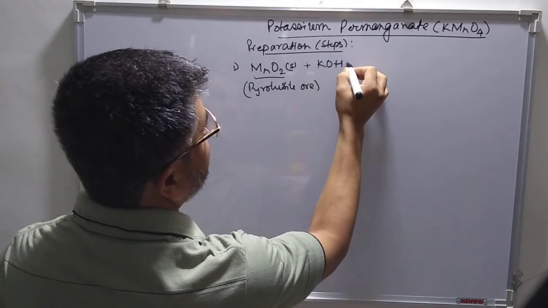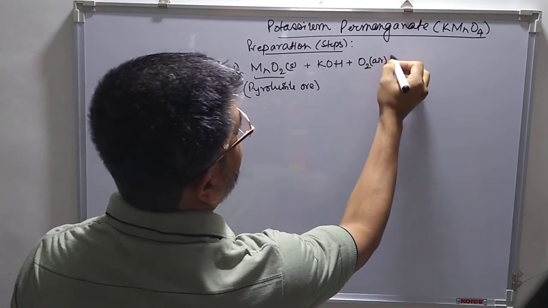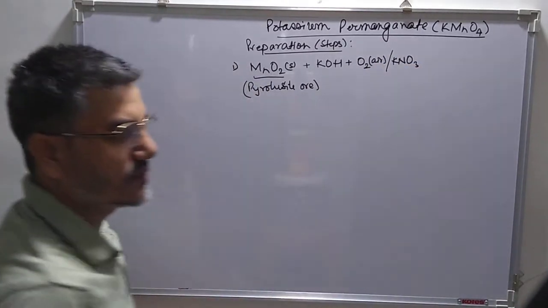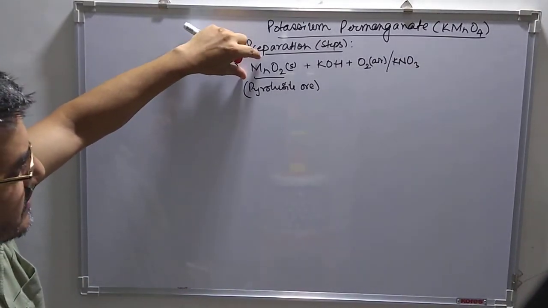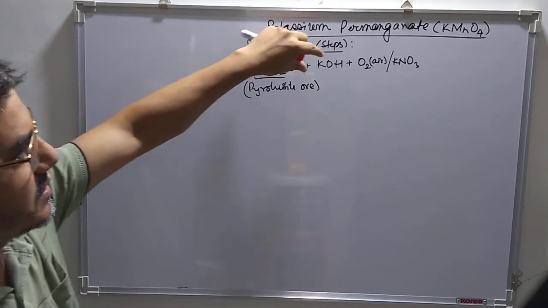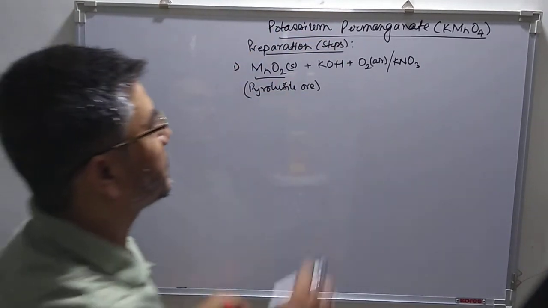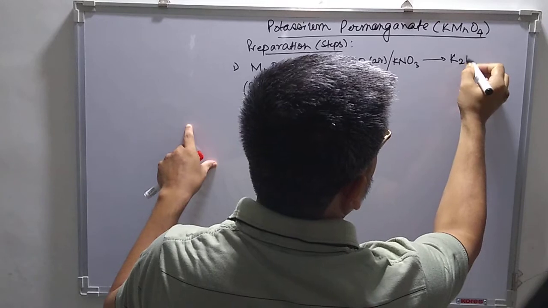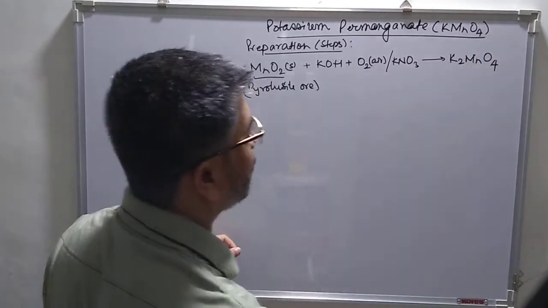Potassium hydroxide plus oxygen from air or KNO3. So fusion of this pyrolusite ore containing manganese dioxide with alkali, that is potassium hydroxide, in presence of an oxidizing agent gives you K2MnO4.